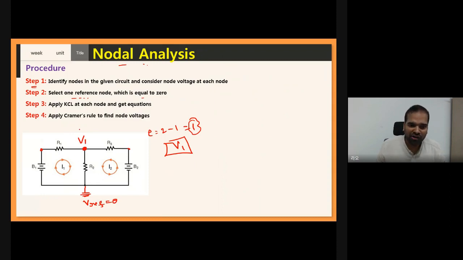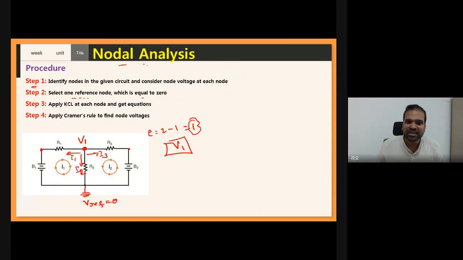Now, after identifying nodes and the reference node, what you have to do is apply KCL at that node. So this is my principal node, and here I need to apply KCL. Before applying KCL, I need to consider that the current is leaving each branch from that node. Let us assume the current is leaving towards this branch, I1, and towards R2, this is my I2 current, and towards R3, this is my I3.